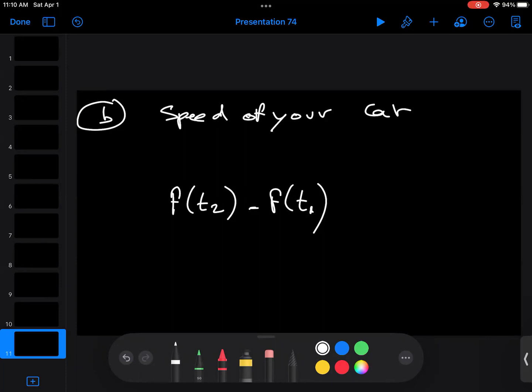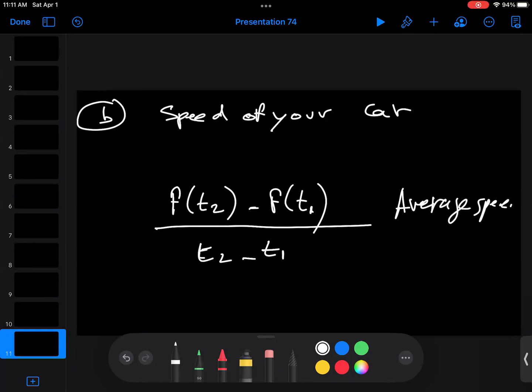And now if I divide by the time, this gives you the average speed. So f of T2 minus f of T1 divided by T2 minus T1 is your average speed.